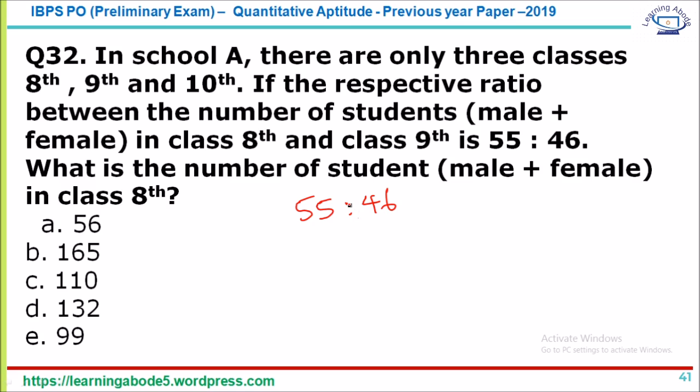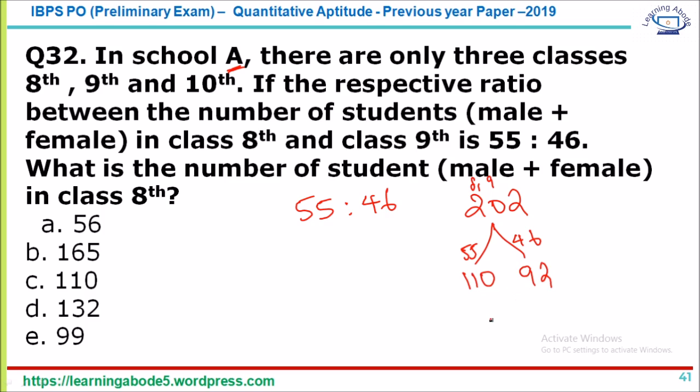In school A there are 202 students other than class 10, so in 8th and 9th there are 202, which you split in the ratio of 55 and 46, which means you have 110 students and 92 students.